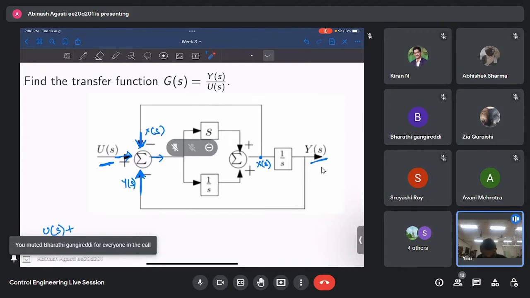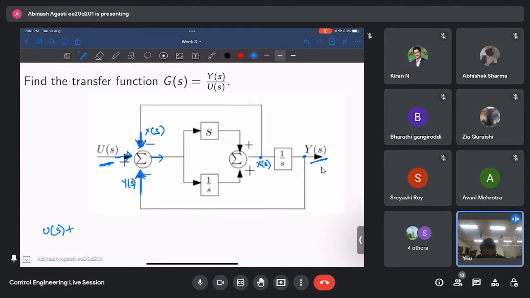So this bottom channel is Y(s). This point is connected back to the summer. So here we have Y(s). And this upper channel is coming from some point in the middle, and let's say that is X(s).